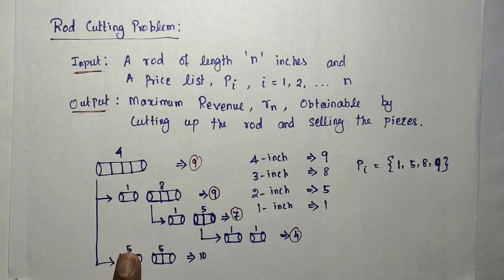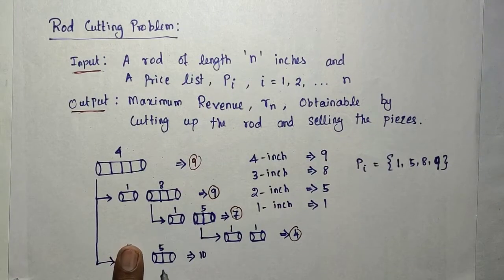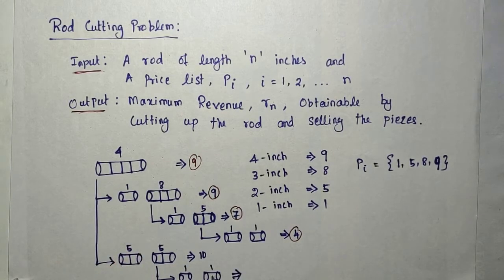If you are keeping this 2-inch rod as it is, again we check the possibility for the second piece, if it can be sold as two 1-inch rods like this. So again the price is 1. So in this combination we will get 5 plus 1 plus 1, that is 7.